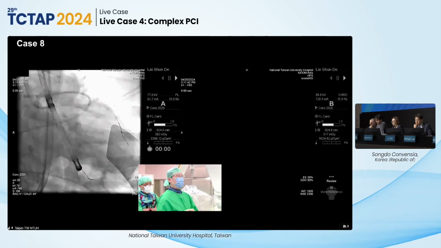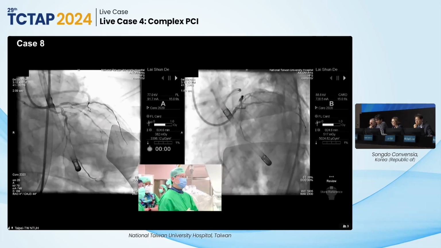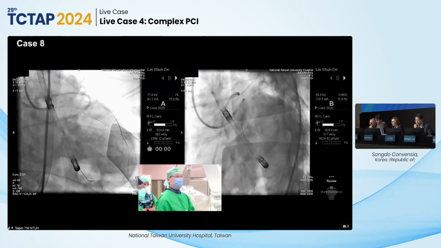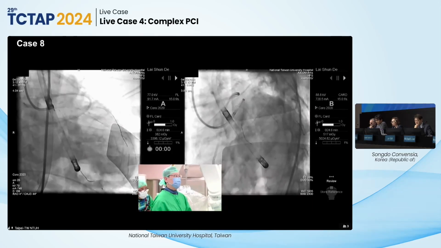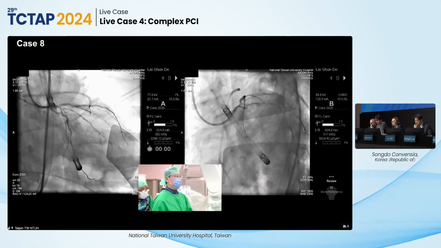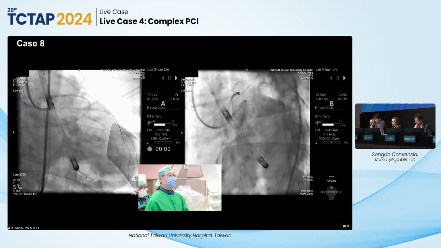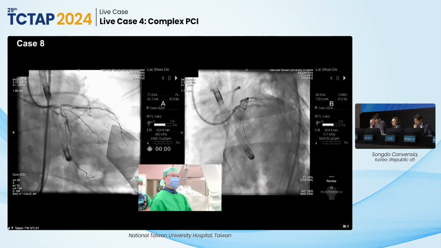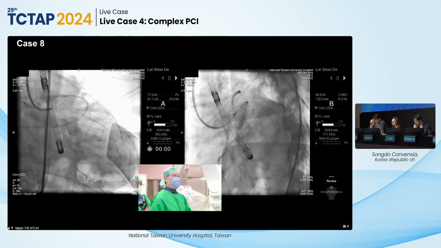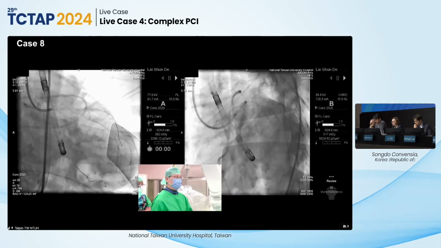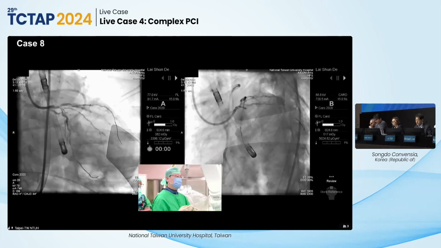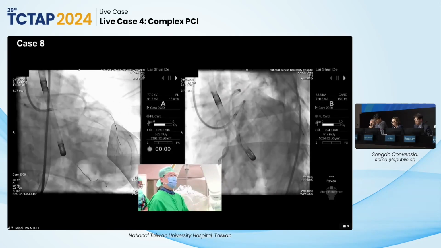And we also add on a 2.5 balloon. I think this is the result after the 2.5 balloon. And of course, we're seeing dissection and disease distally, especially in the circumflex. So I would like your opinion from the panel and moderator to see whether we need to put stents distally or just fix the proximal main bifurcation.